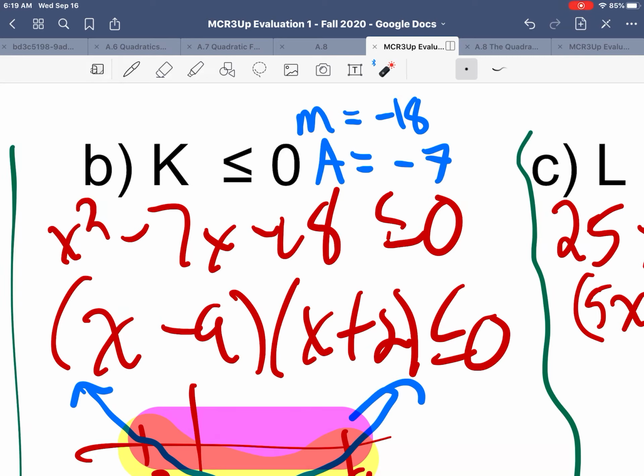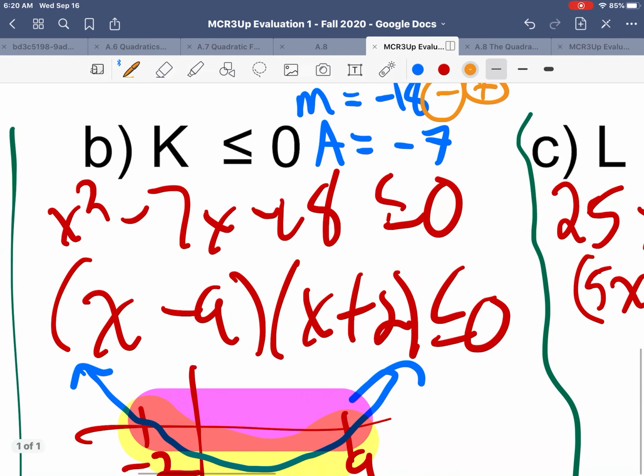What are those two numbers that multiply to negative 18 and add to negative 7? Since it multiplies to a negative, I have both a negative and a positive. Okay, but which one should be bigger? Well, the negative is bigger because it adds to a negative. So the two numbers are negative 9 and positive 2.